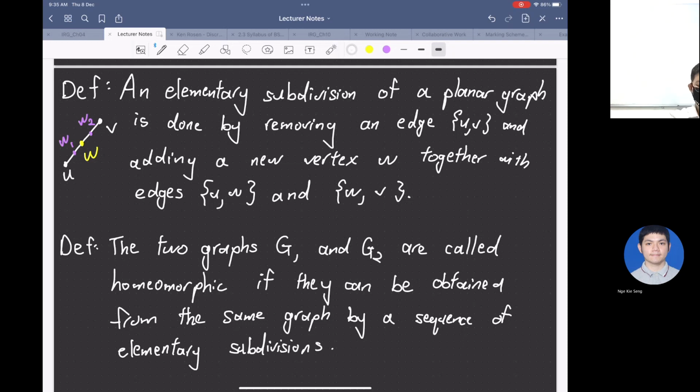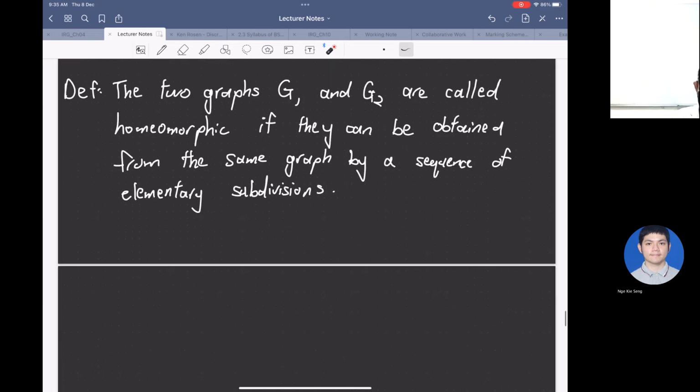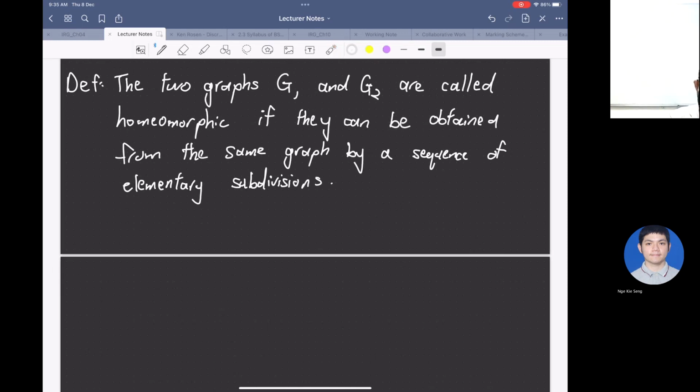In mathematics, whenever we introduce a new thing, we're going to use it. So we only introduced elementary subdivision, so we're going to use it here. So what do you mean by homeomorphic? Let's see an example here.